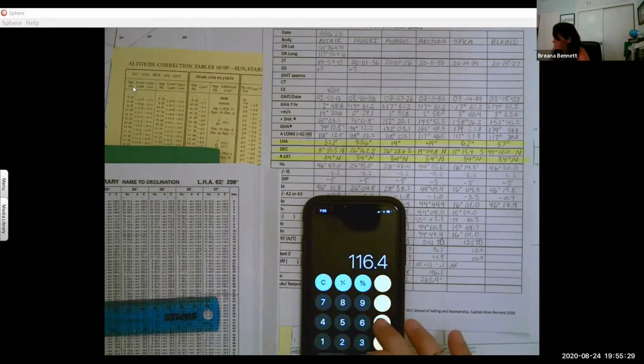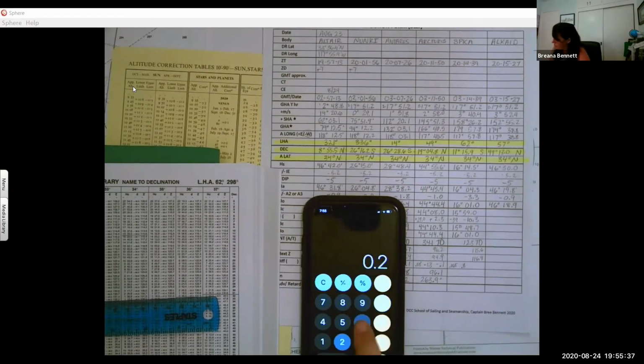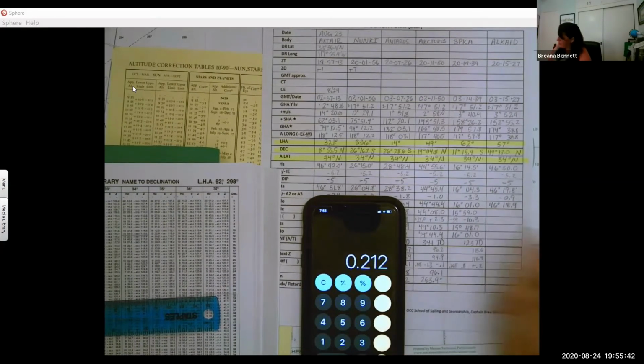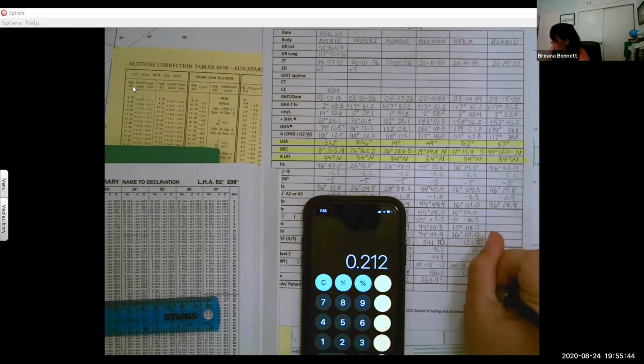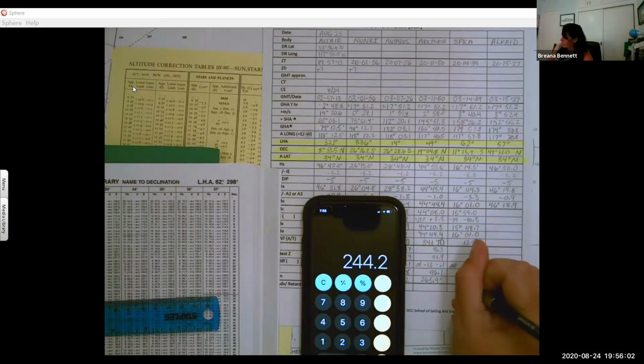Okay, 116.4 minus 115.6. The difference is 0.8 times 0.265, which gives us 0.2. We are adding that. So we have 115.8 degrees. And we are 360 minus, which gives 244.2.